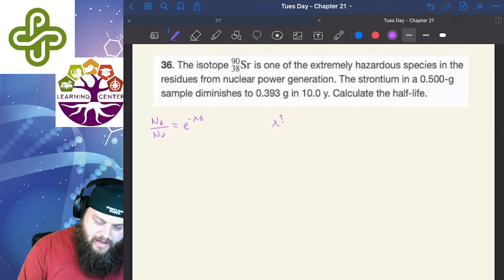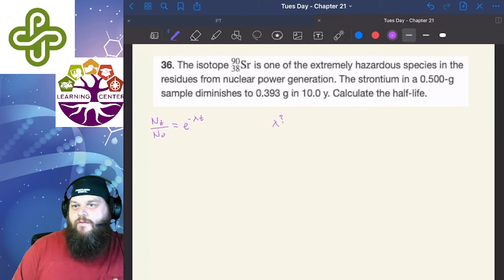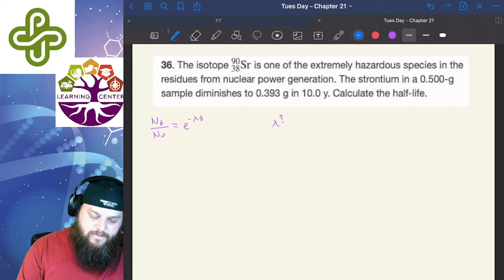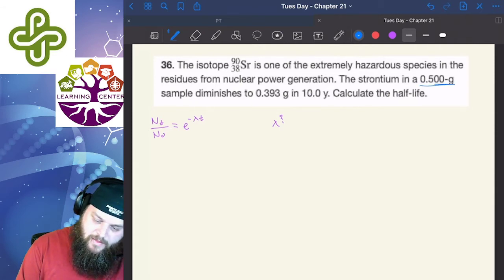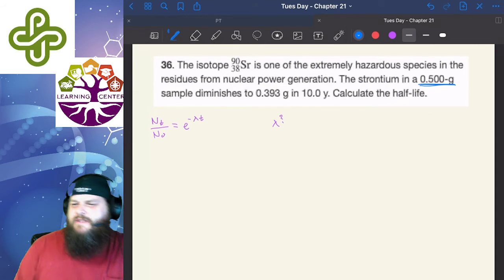And we need that to solve for the half-life. But we can utilize this equation here. So the initial value is going to be 0.5 grams. And that's supposed to be the number of particles in there. But since we're using the same element on both of them, they have the same atomic mass.